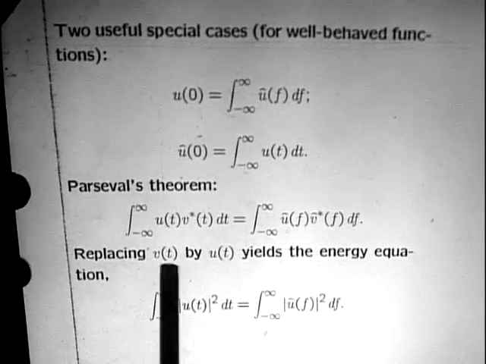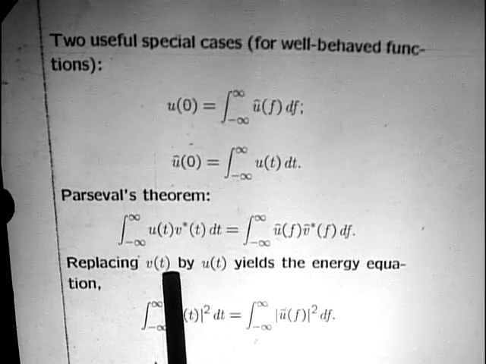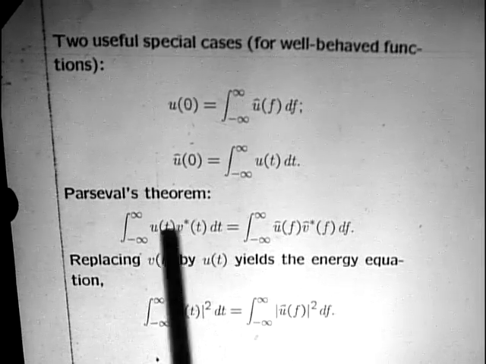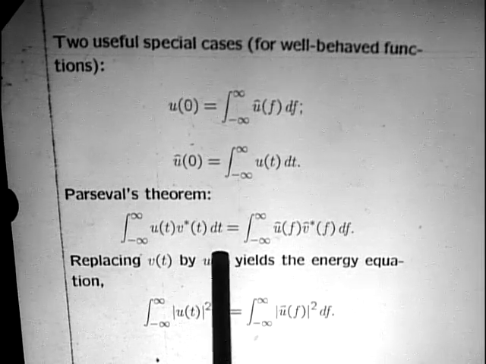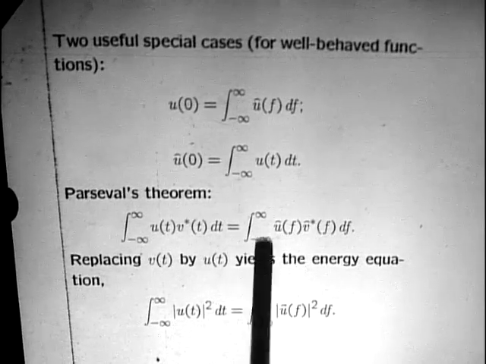Okay, Parseval's theorem. Parseval's theorem is really just this convolution equation, which we're applying at tau equals 0. You take the convolution, you apply it at tau equals 0, and what do you get?